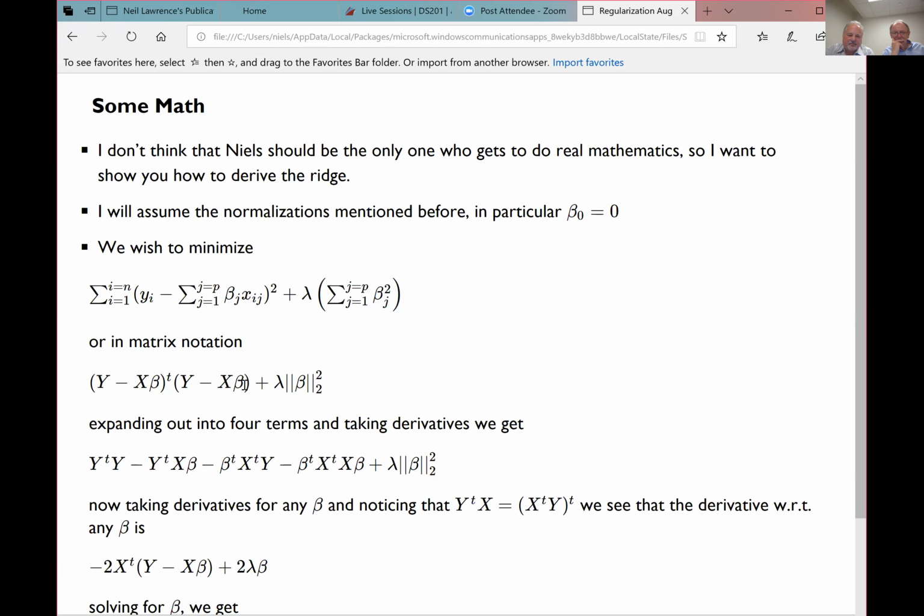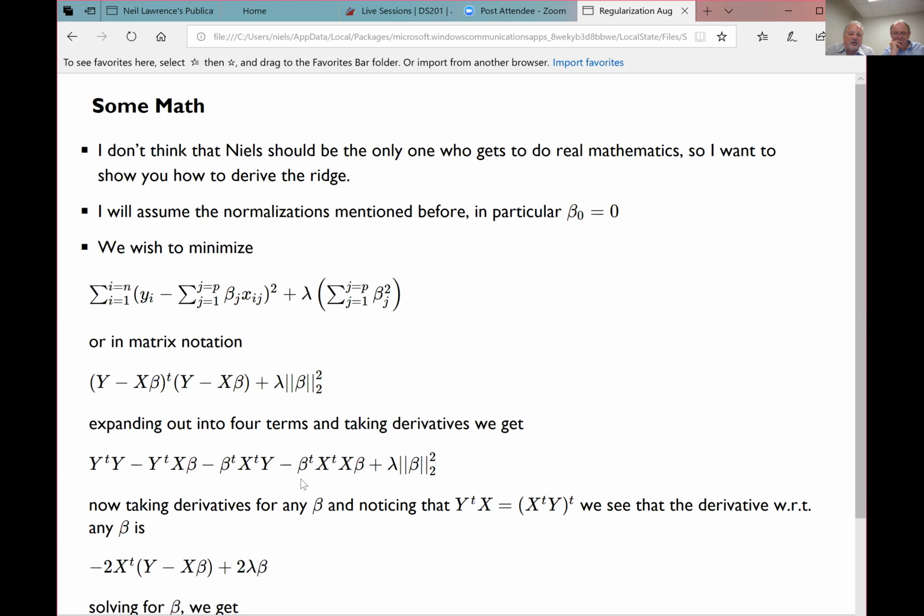That's the dot product, and you see here I did get the square right, plus lambda times the norm squared. If you write this out, you're going to get 4 terms. The first one is y times y, but we're going to take derivatives with respect to beta, so we only care about the terms that have beta in them. So we're going to get 3 terms with derivatives here and 1 term here.